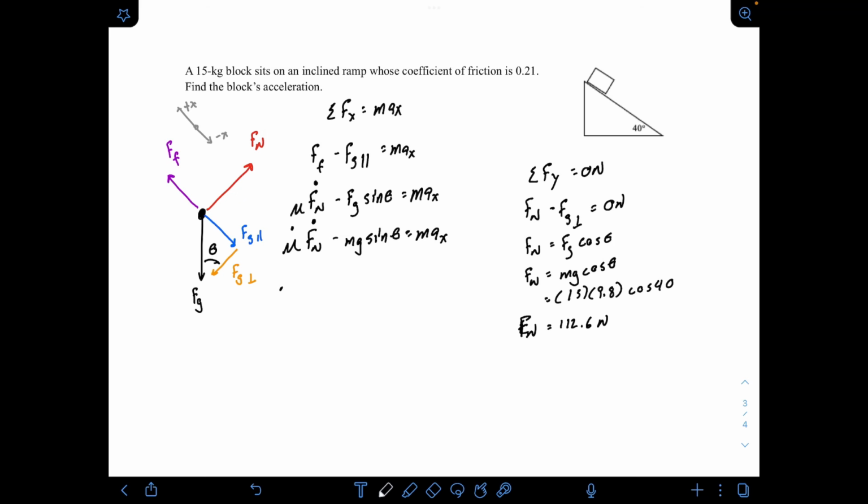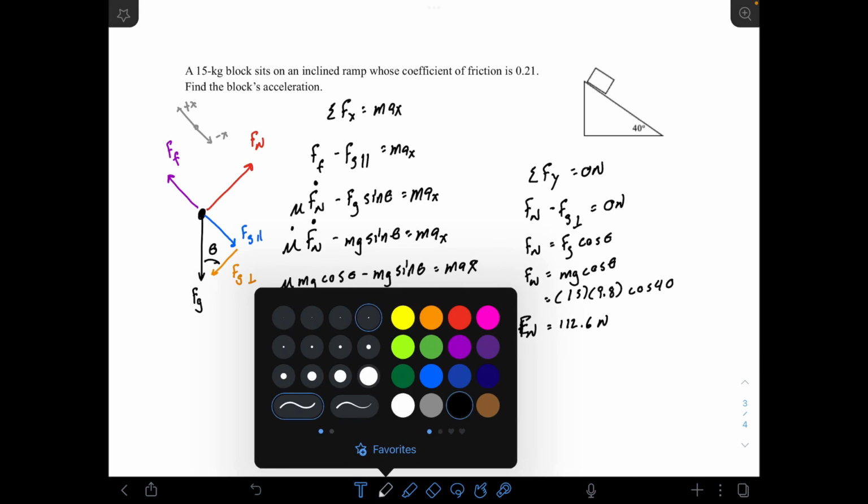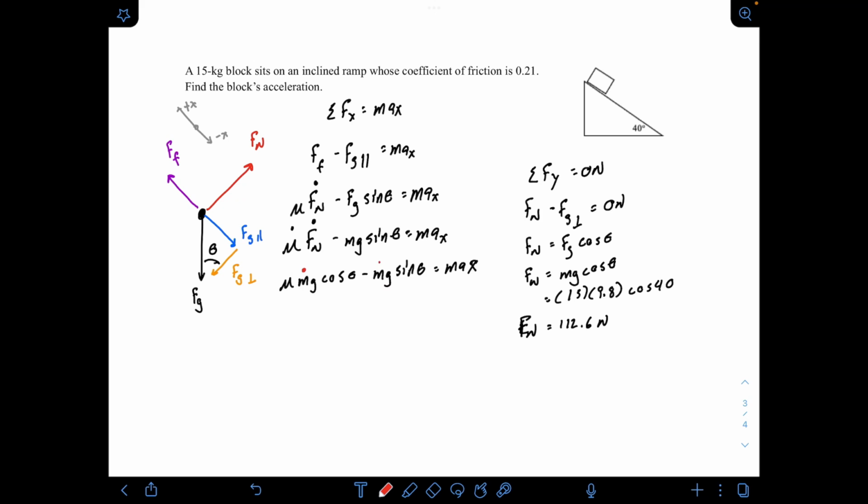What's kind of interesting is you can even do it a second way. The normal force would be mg cosine theta. This is mg sine theta. And this is max. Notice that the mass is in all terms, so you could actually cancel that stuff out.